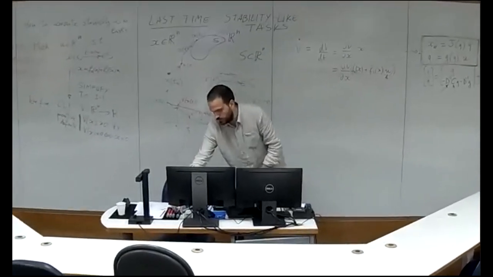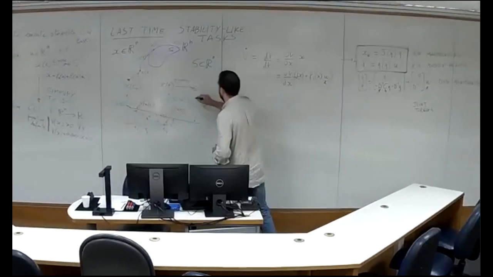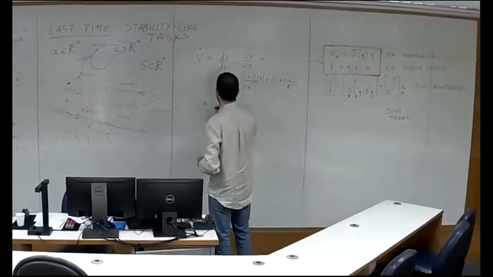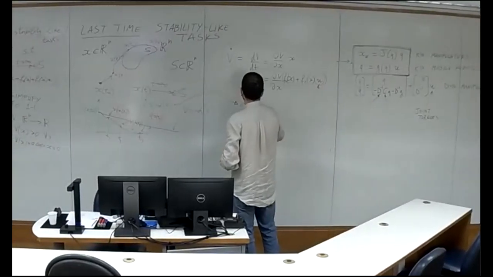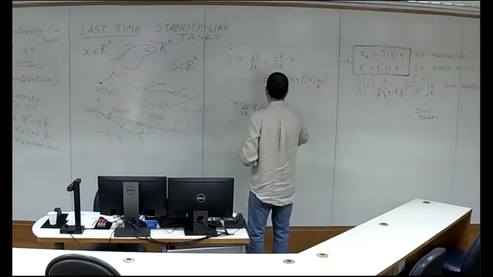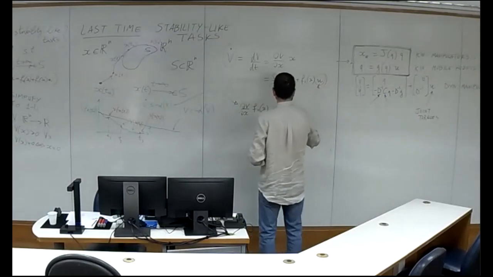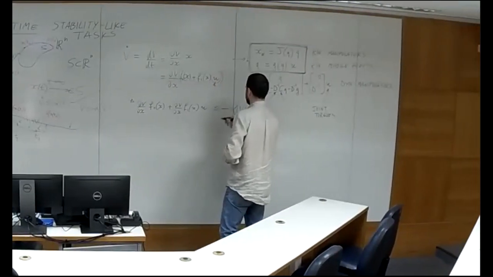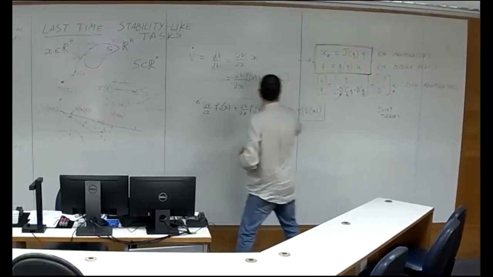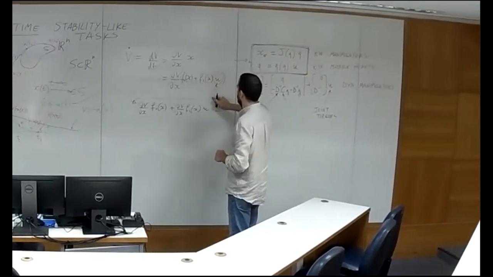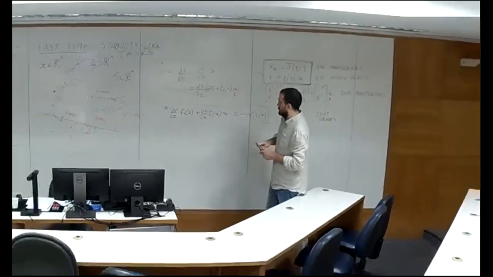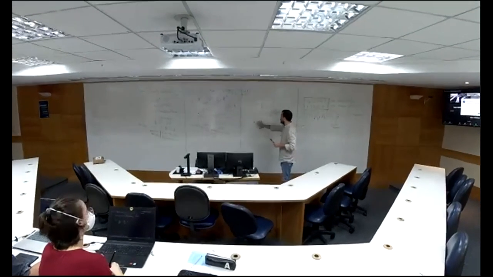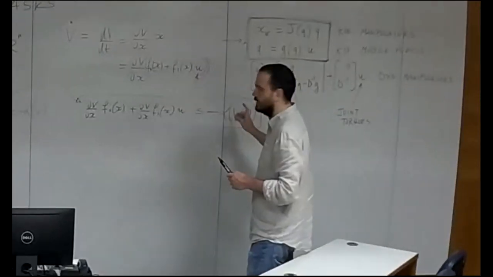These constraints become constraints here, where V dot becomes just dV/dx f0(x) plus dV/dx f1(x) times u less than or equal to minus alpha of V. So for each x, we plug in its value in these formulas, right?